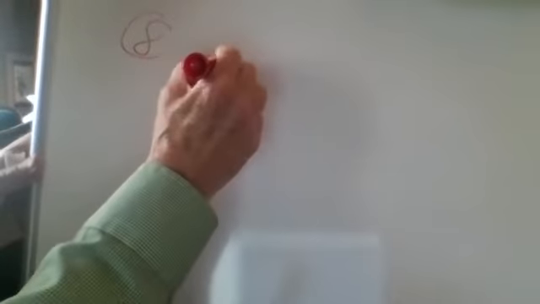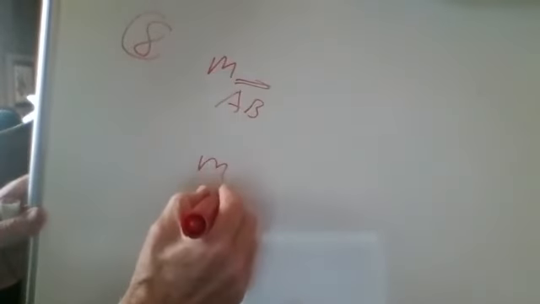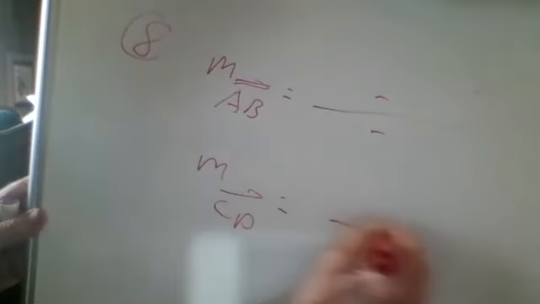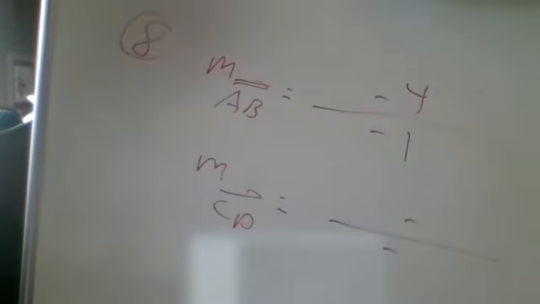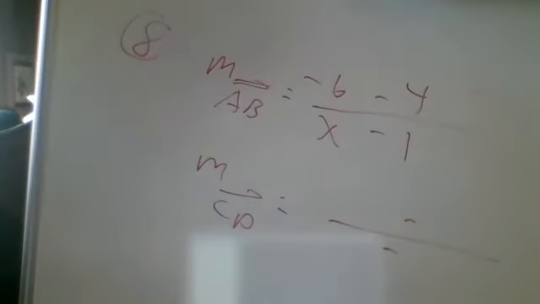So we want to find the slope of ray AB and the slope of ray CD. All right, so point A is 1 and 4. And point B is X and -6. Point C is 5 and 2. And point D is 3 and 6.